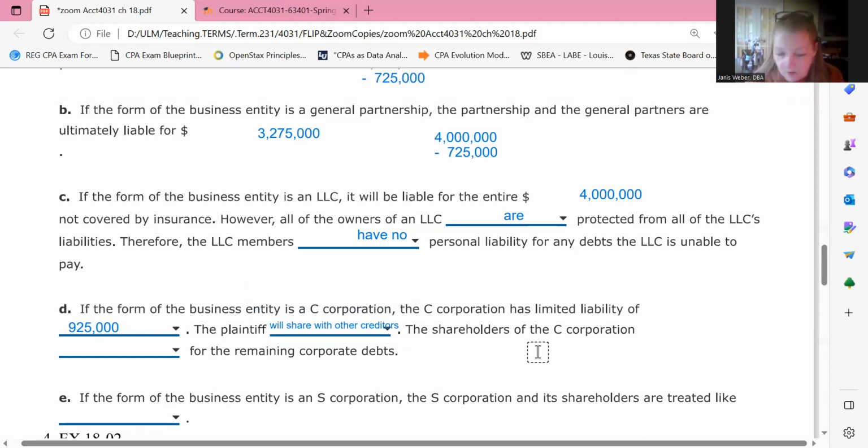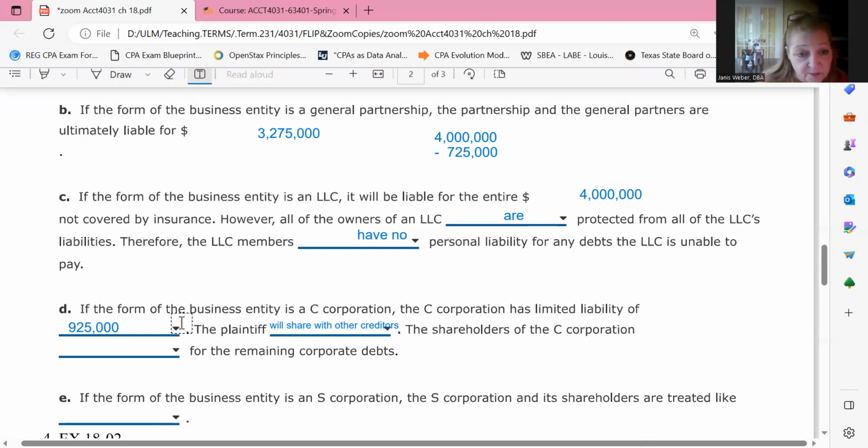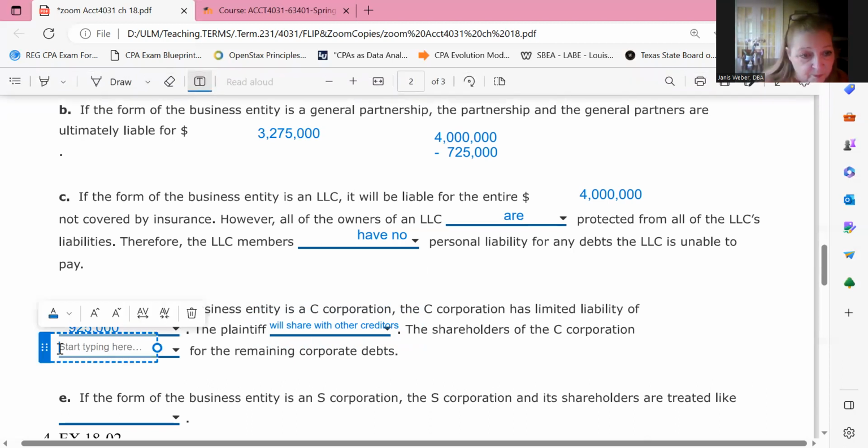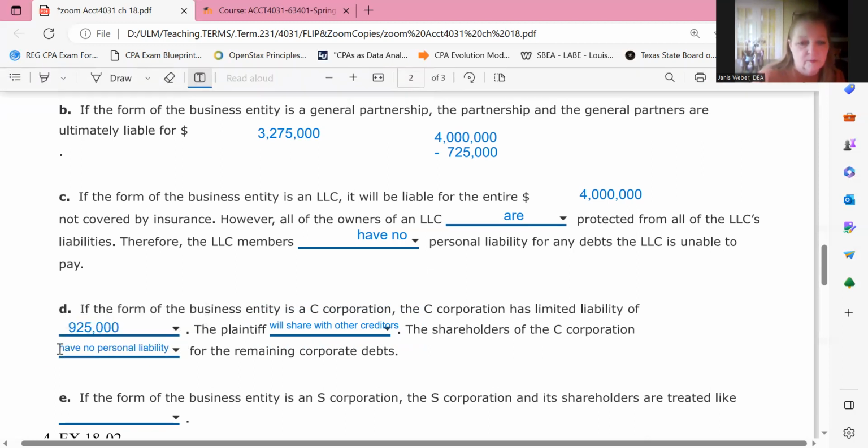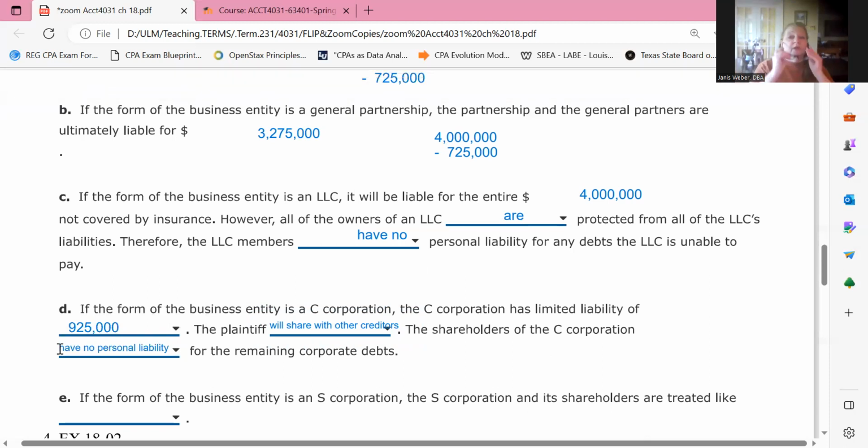And so the shareholders of the C corporation have no personal liability. So this is the beauty of the corporation. In other words, it's not just that they can't get to the shareholders. They're saying even the C corporation's liability is limited to the 925, their assets, instead of the 4 million.